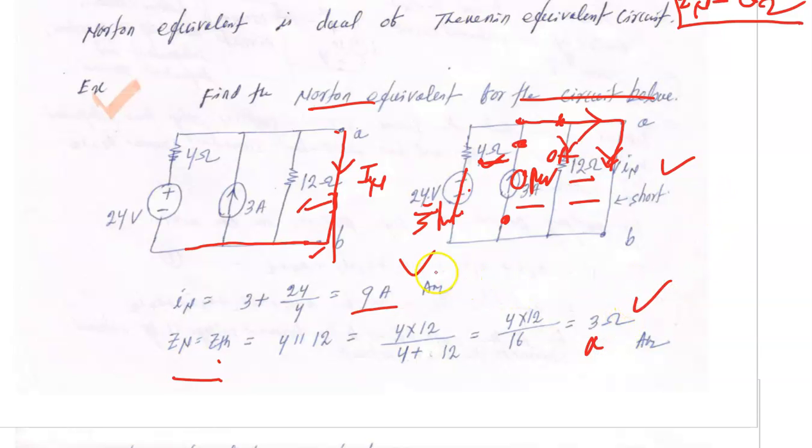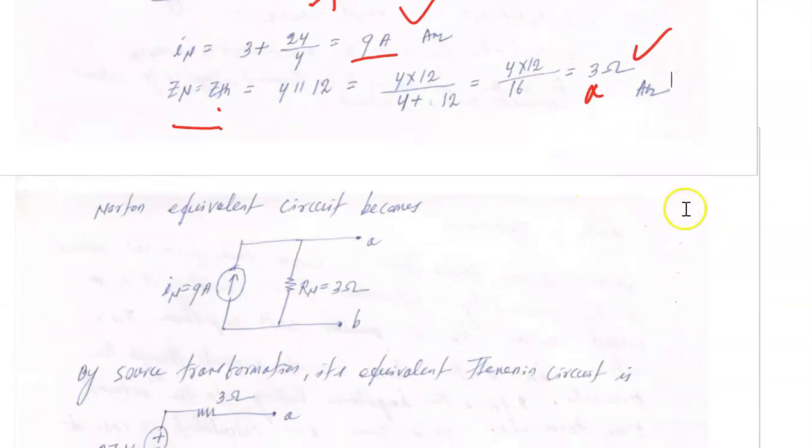Now you have the Norton equivalent circuit as given below: 9 ampere Norton current and Norton resistance of 3 ohm. Hope it is clear.